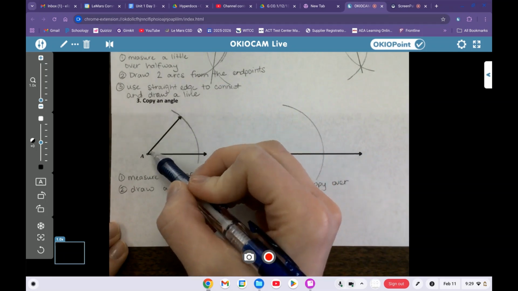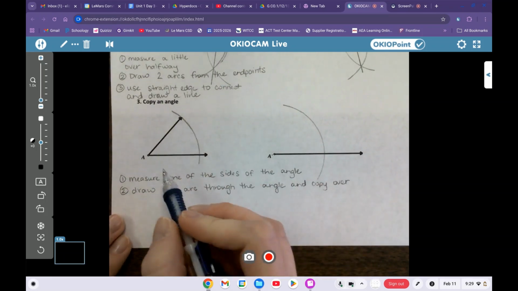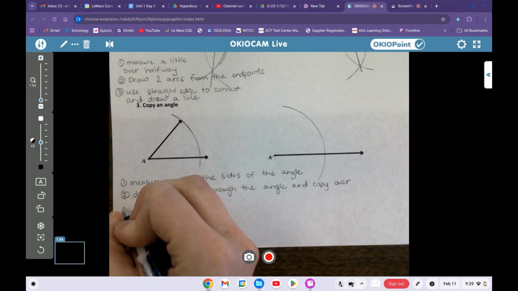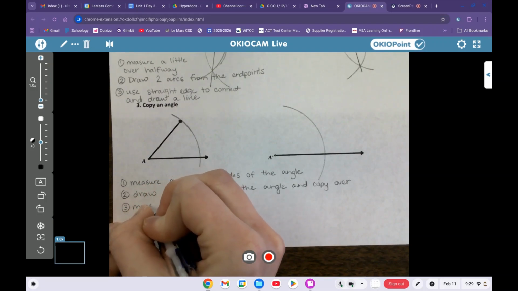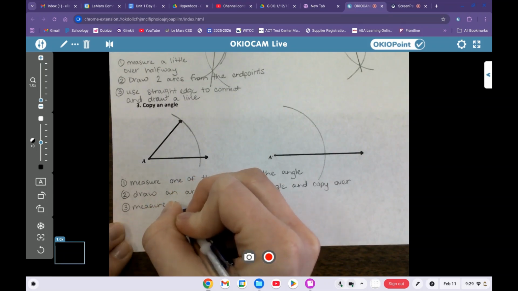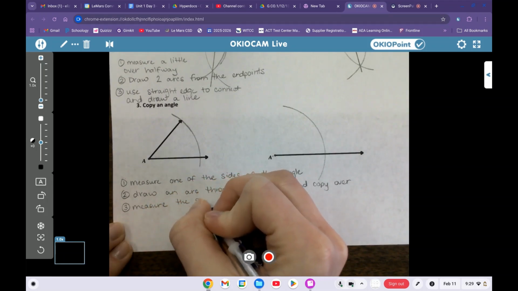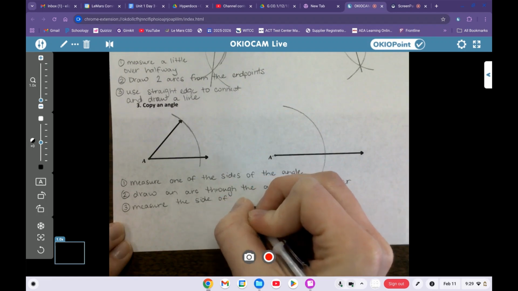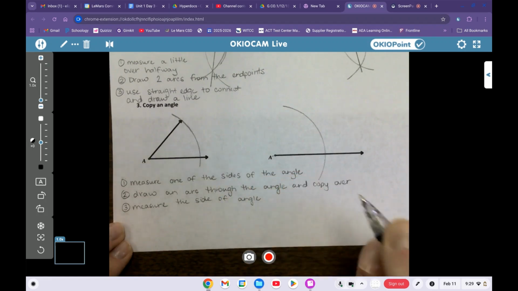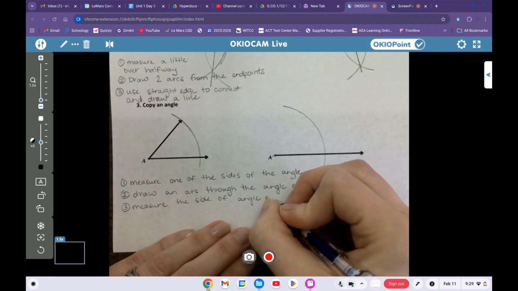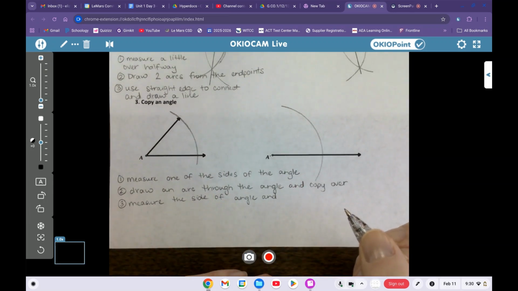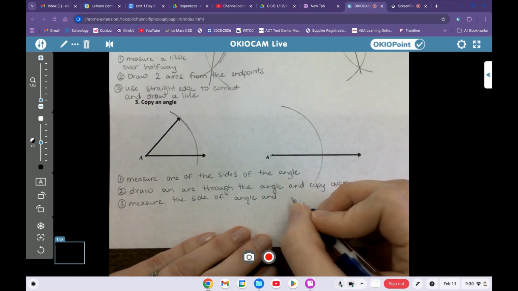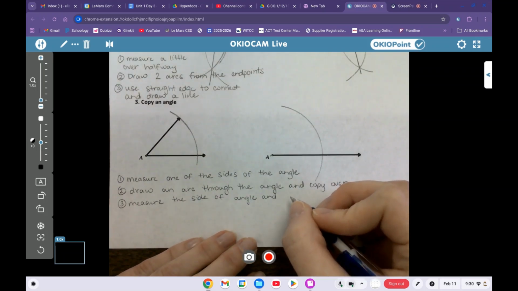Okay. All right. Now that we have this, what I'm going to do is measure where the side length is here. So I'm going to use that same marking here. So I'm just going to measure how far is that side of the angle. So I'm going to write down, I'm going to measure the side of the angle. And let me see what I have here.